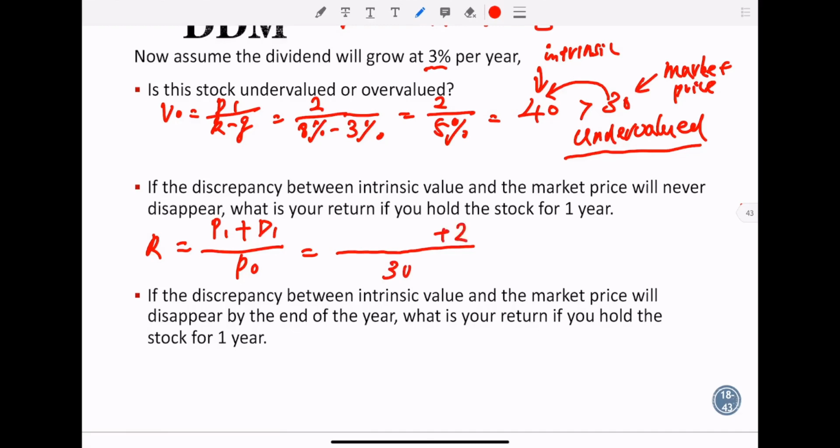Now, what is P1? Well, to calculate P1, you have to use the fact that the market price will not converge to intrinsic value, right? In this case, it implies that P1 equals P0 times 1 plus the growth rate, right? How do you get this?